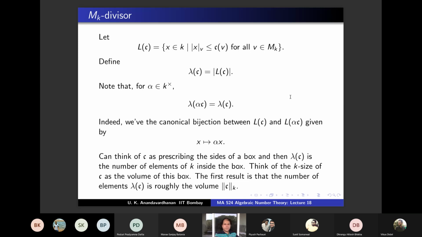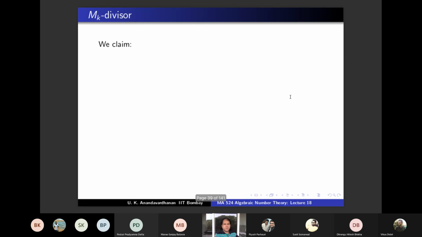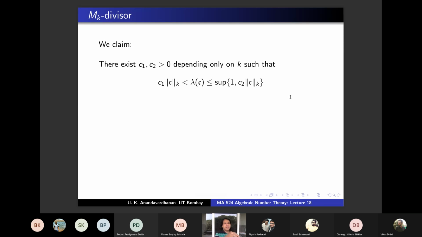So here is the statement: lambda C is roughly the volume. What do we mean? This is the claim. There exist two positive constants C1 and C2. These constants will depend only on the number field, on nothing else, such that lambda C, the number of field elements inside this infinite box, is strictly bigger than C1 times the volume of the box, and it is less than or equal to C2 times the volume of the box.